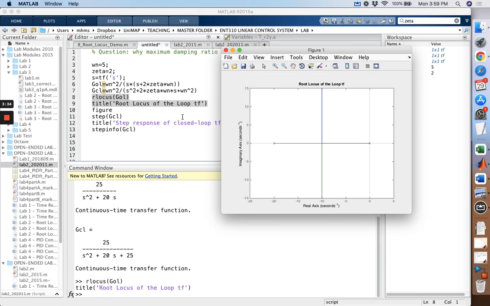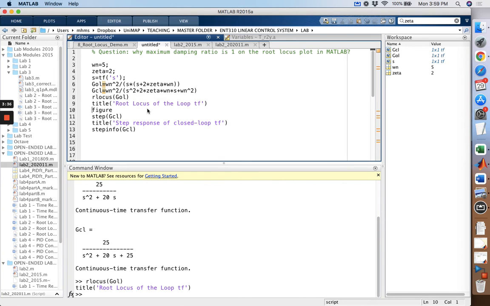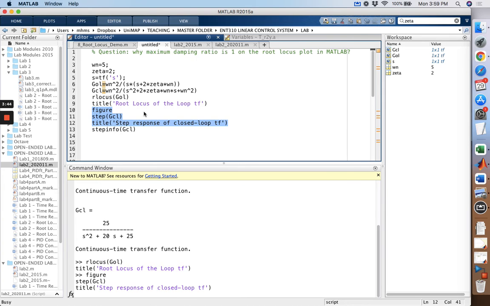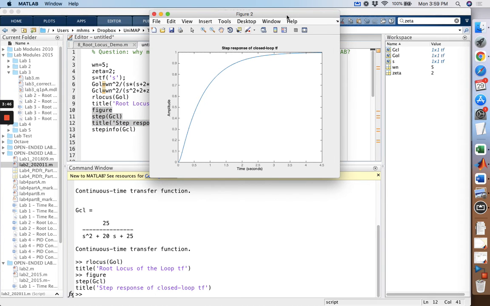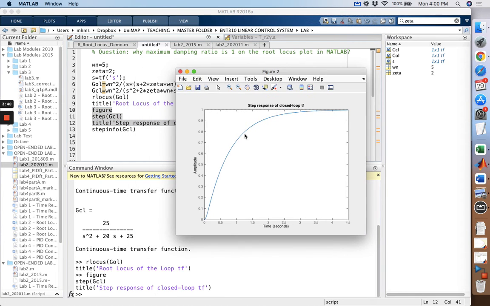And when we plot the step response of the system, we need to use the closed loop transfer function. So I plot this, and you can see here clearly there is no oscillation. So it means it is either zeta equals 1 or zeta greater than 1.